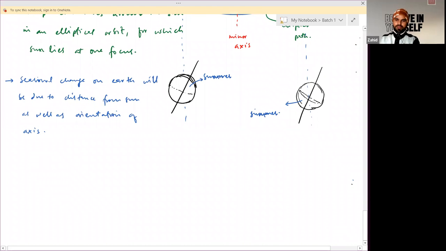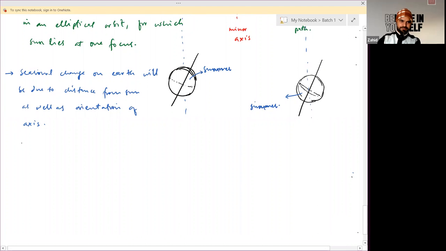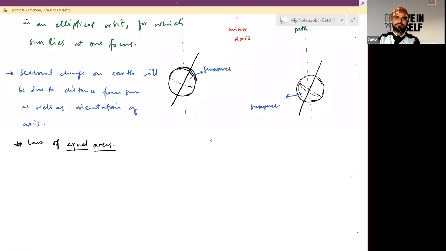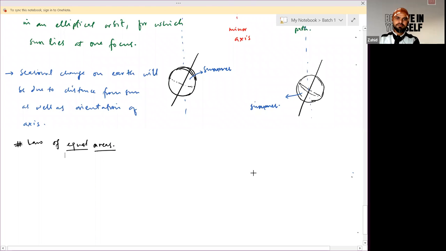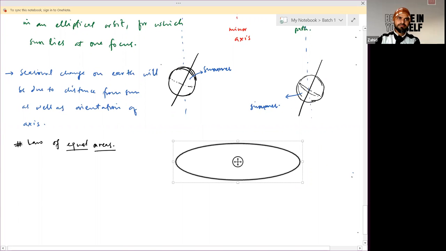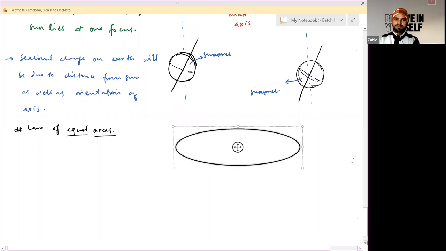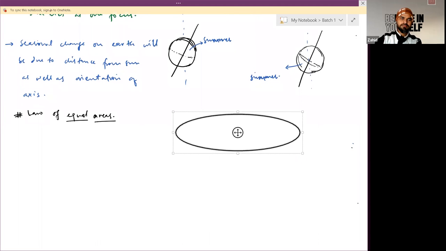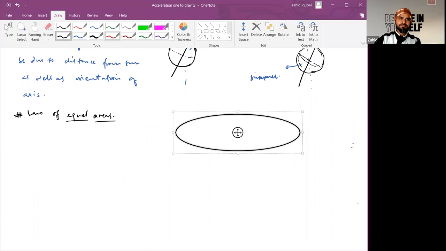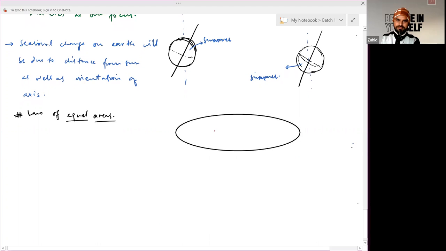Next is called the Law of Equal Areas. Suppose this is the sun and a planet is revolving around it.